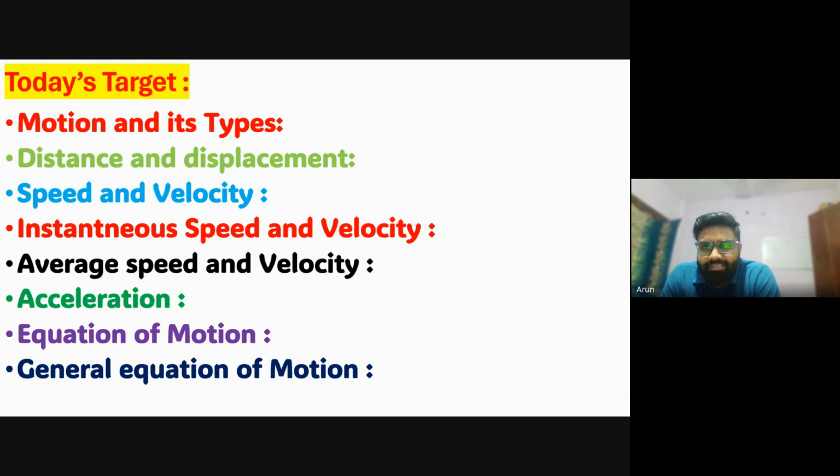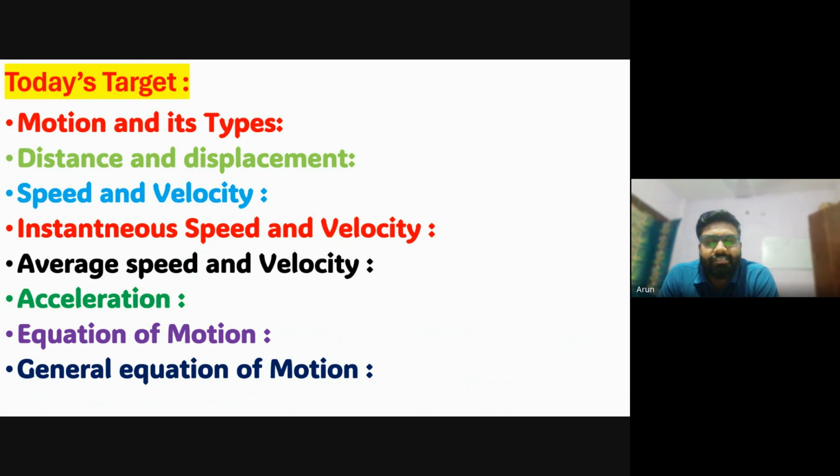So firstly, we will describe what a motion is and what its types are. Then we will discuss what is distance and displacement that we all talk about. This is the first question of every physics teacher: what is the difference between distance and displacement? Then same with the speed and velocity, same with the instantaneous speed and instantaneous velocity.